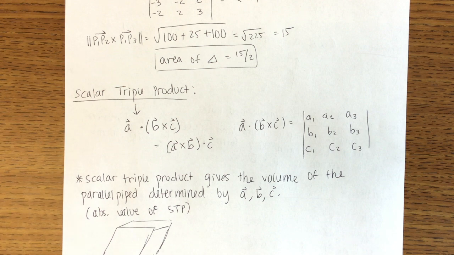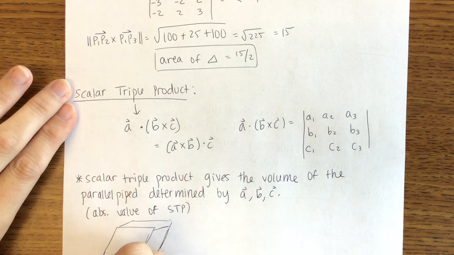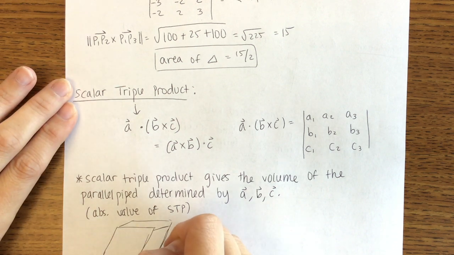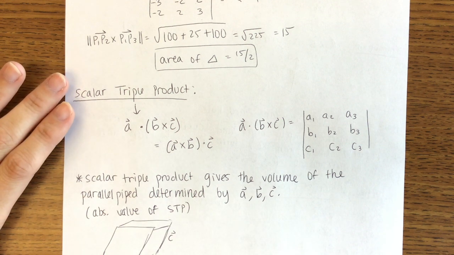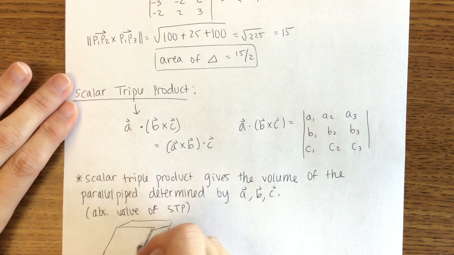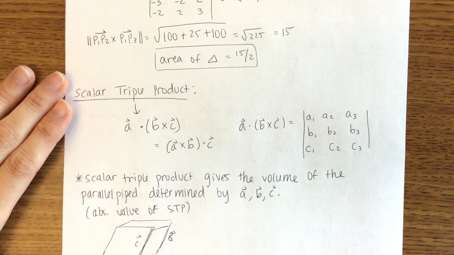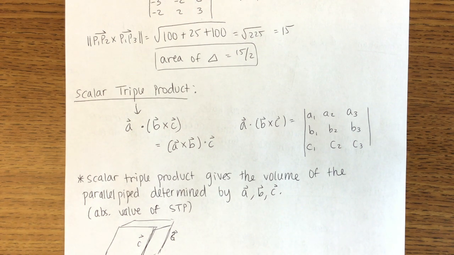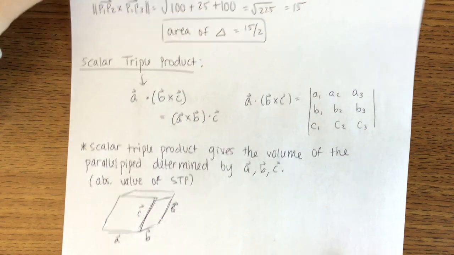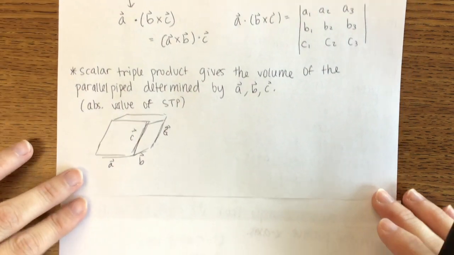That's what a parallelepiped is. And this would be A maybe, and this would be B, and this would be C. Or rather, this could be C as well. So you have your three vectors, and together they form a parallelepiped. If you need another visual, you are welcome to look in your book, because your book has some visuals as well.